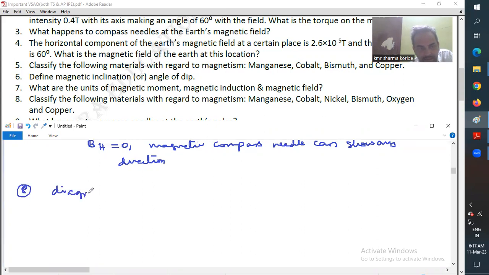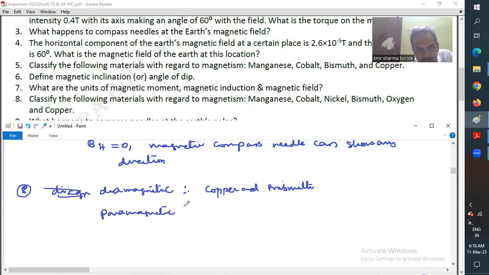So first diamagnetic. Out of which, diamagnetic are copper and bismuth. Then next, coming to the paramagnetic: manganese and oxygen.